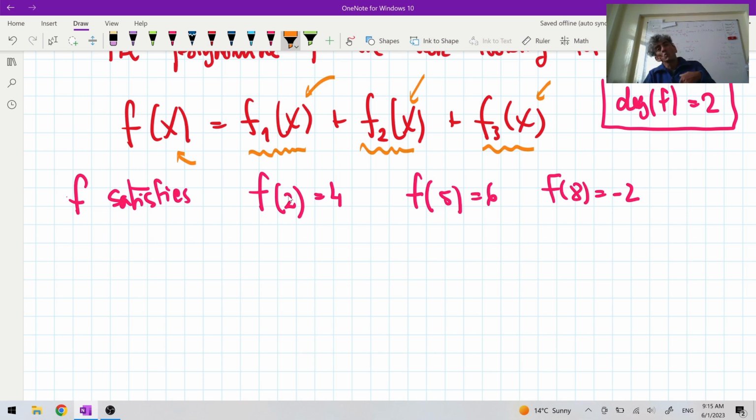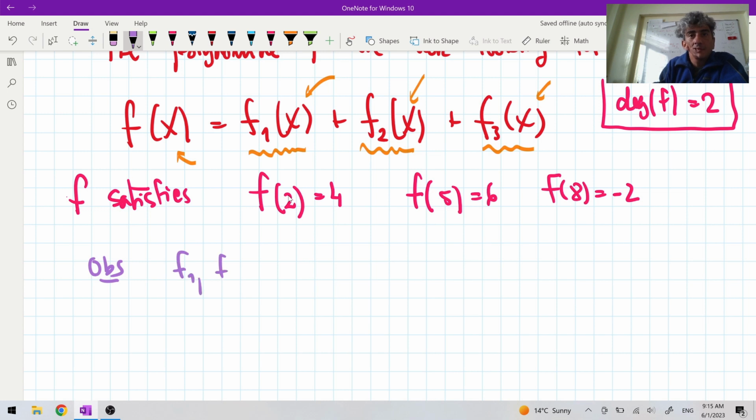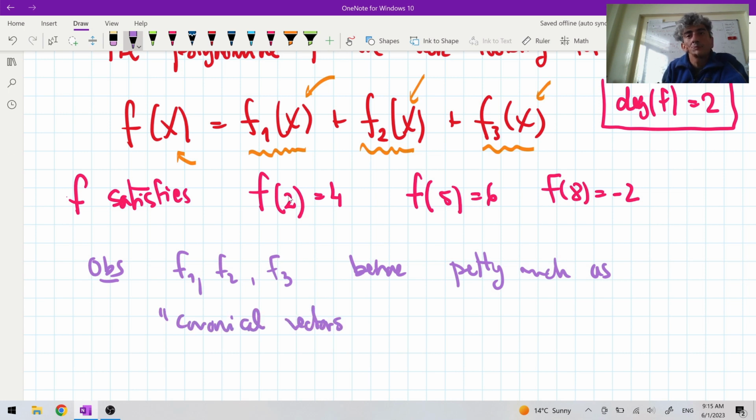So what is happening here is that, observation, f1, f2, and f3 behave pretty much as canonical vectors in R3.